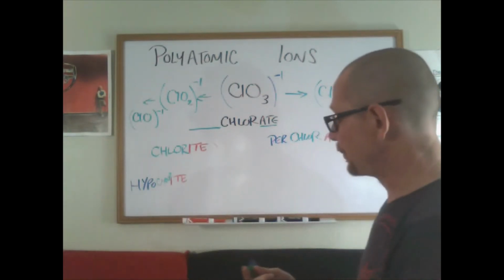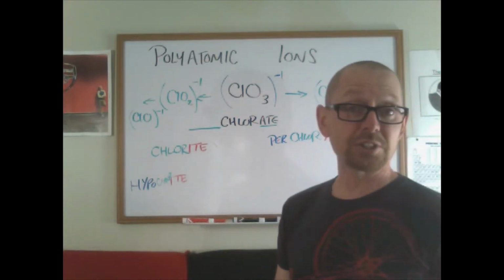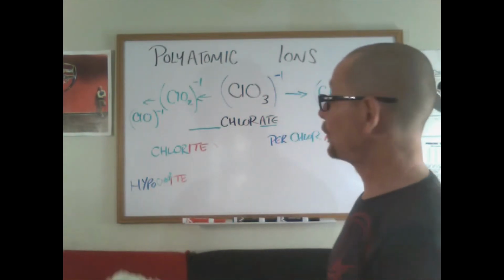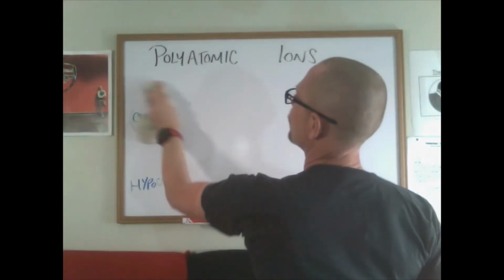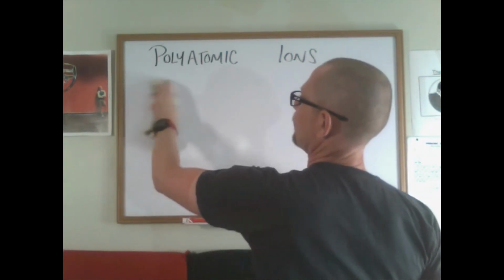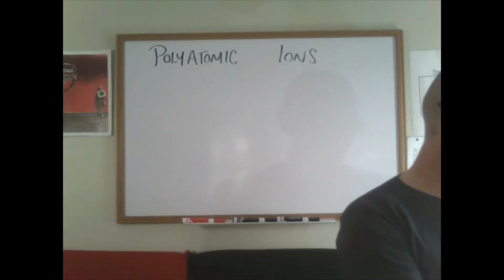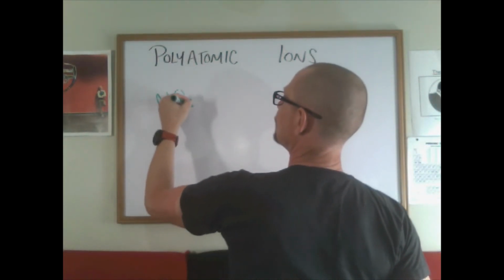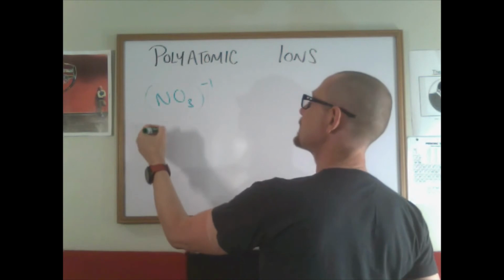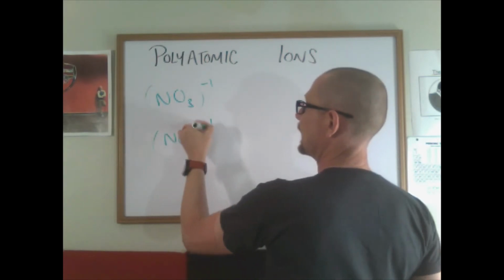And this can happen, right? So you can have nitrates, nitrites, sulfates, sulfites. Okay? So if a nitrate is NO3 negative 1, nitrite is NO2 at negative 1.